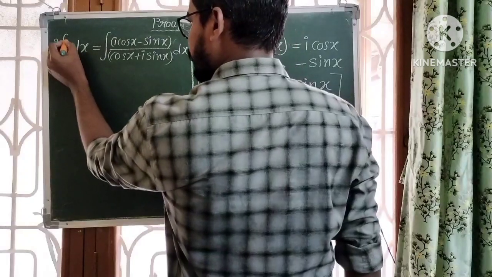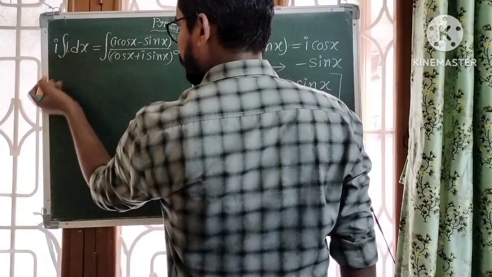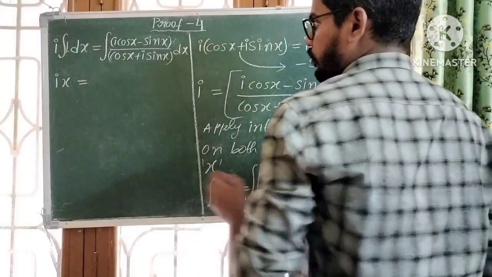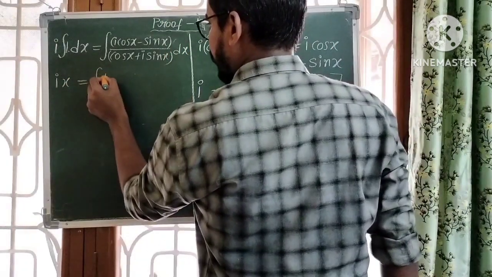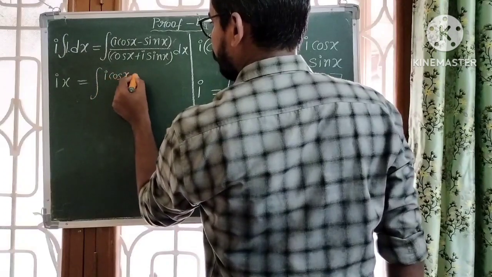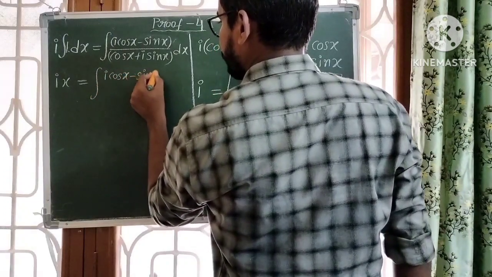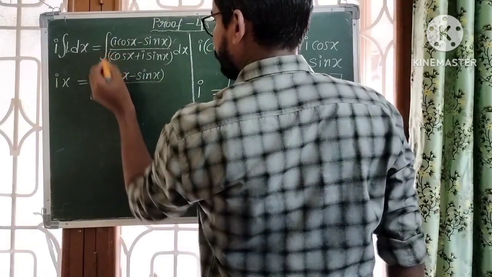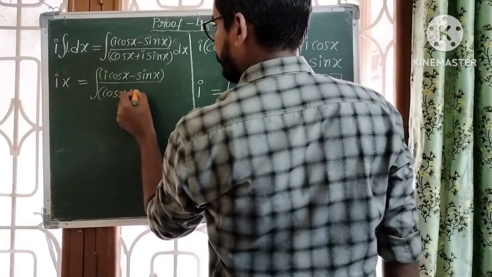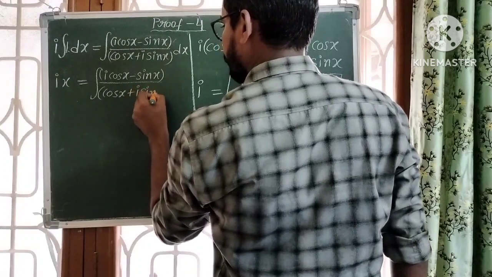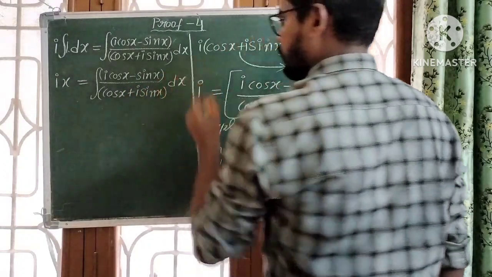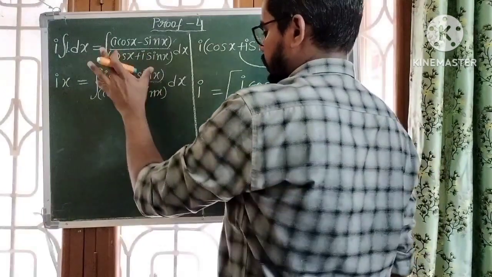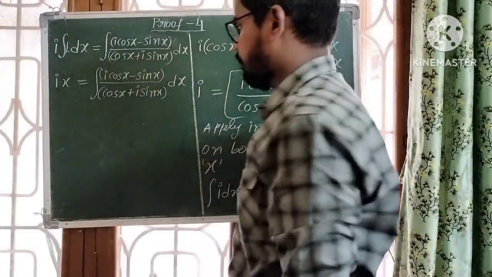Integral 1 dx is how much? x. So ix is equal to the integral of i cos x minus sin x by cos x plus i sin x into dx. So we need the value of the integration of this expression.